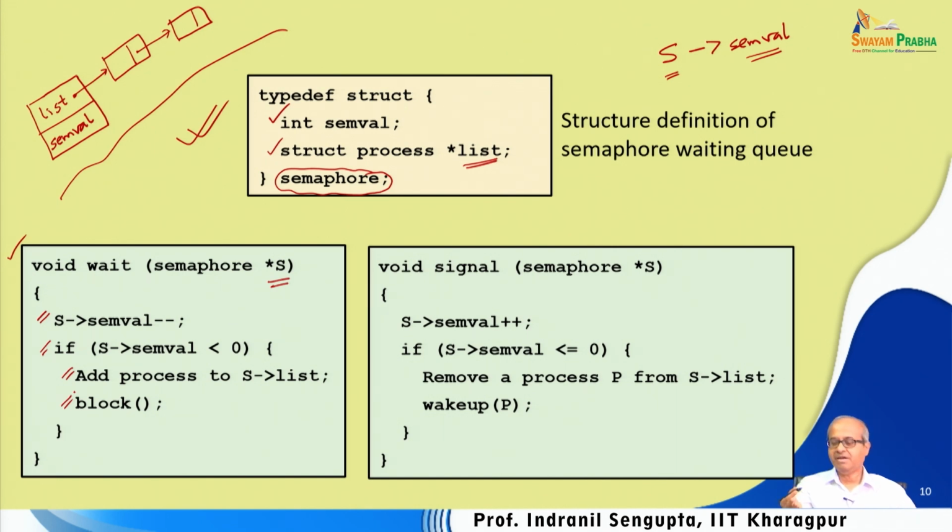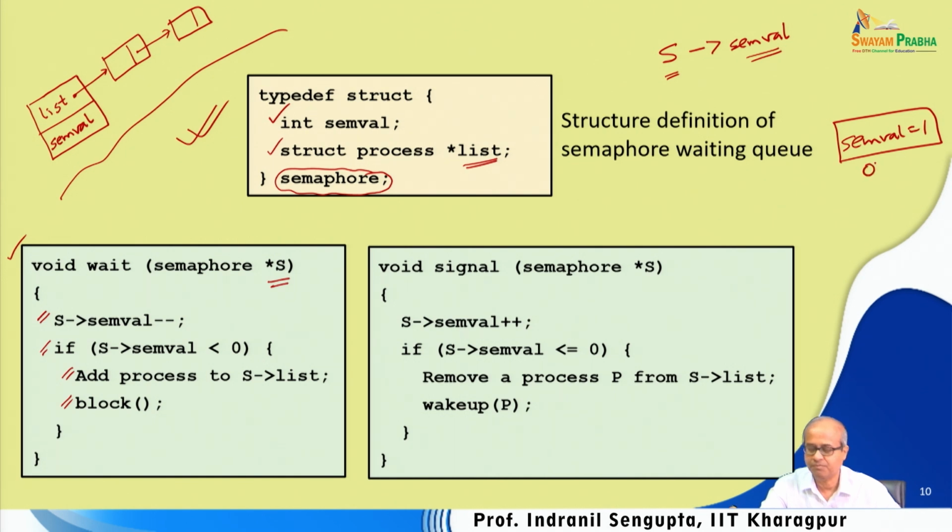Now, similarly you are defining signal. Suppose there are many processes which are calling wait. Suppose the initial value of semval was 1, let us say. There are 3 processes which call wait. The first process decreases semval by 1, and semval becomes 0.